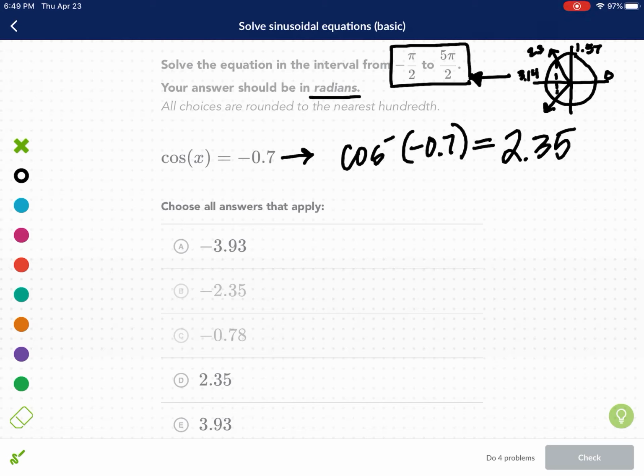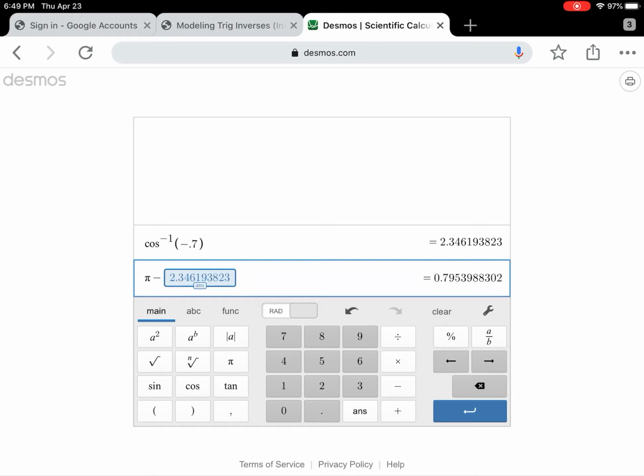Okay, so if this right here is 2.35, I need to know what this reference angle is right here, or what's the difference between 2.35 and pi. So this angle is actually just pi minus what I got in my calculator, 2.35. I am going to figure out what that value is. Pi minus my answer is 0.795.